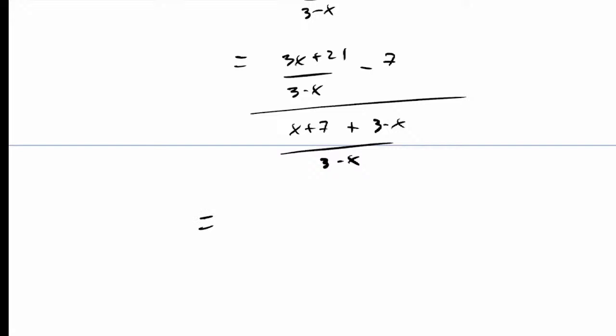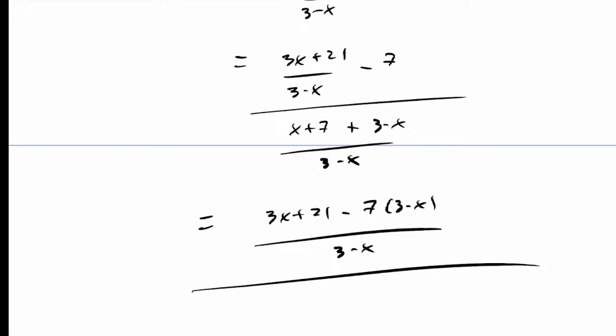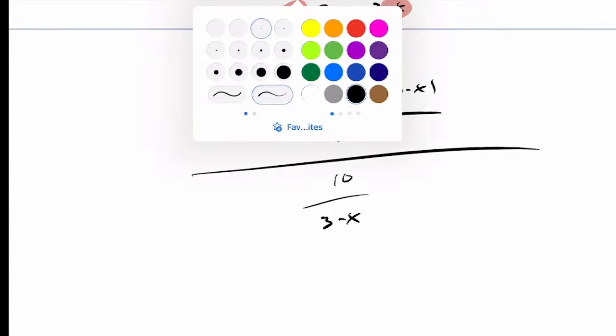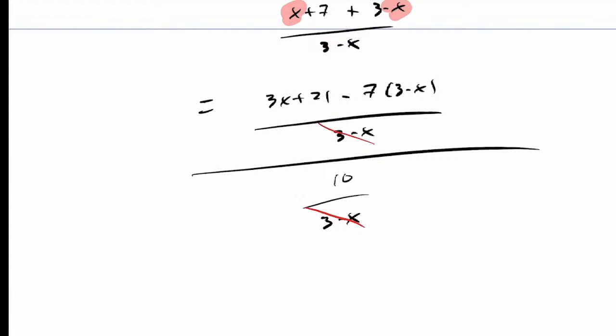But this ends up being 3x plus 21 minus 7 times 3 minus x over 3 minus x, over, you'll notice here the x's cancel, I get 10 over 3 minus x. A little messy, but the 3 minus x's will cancel.